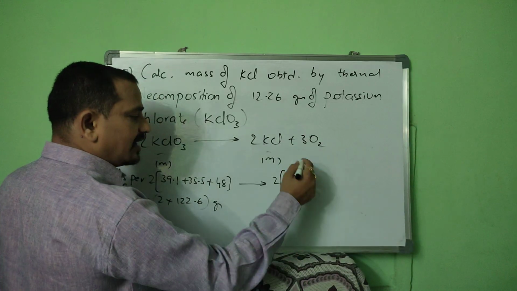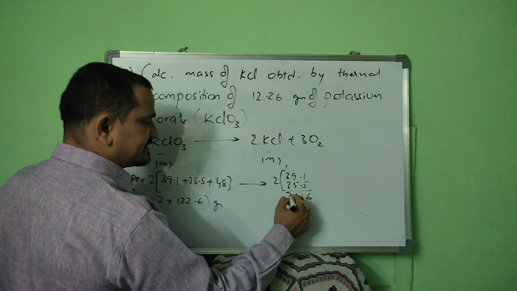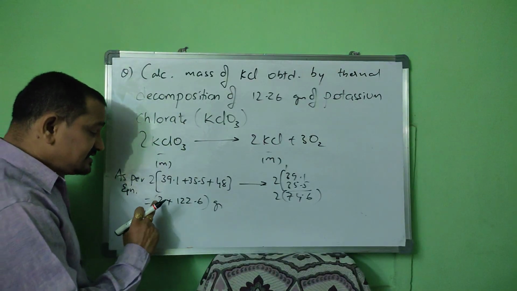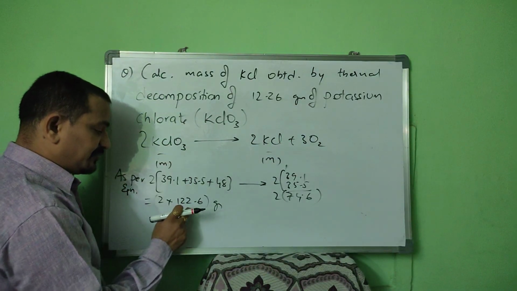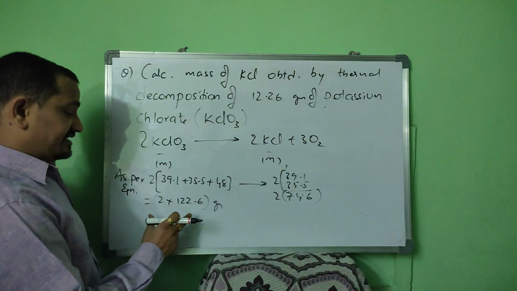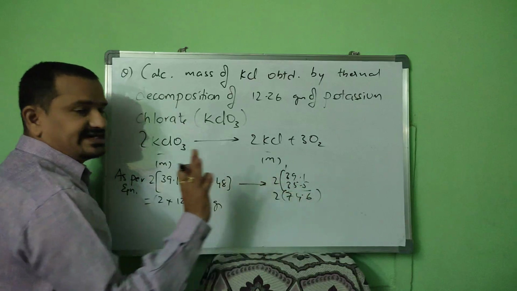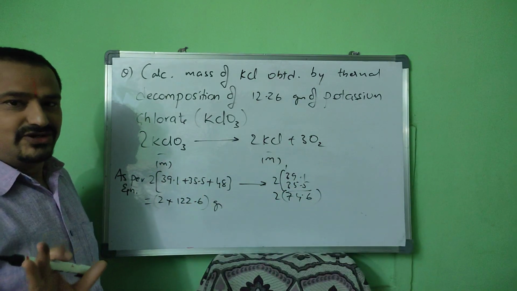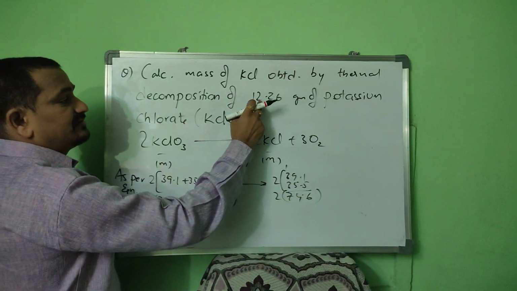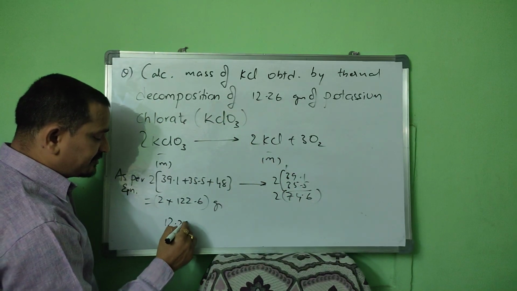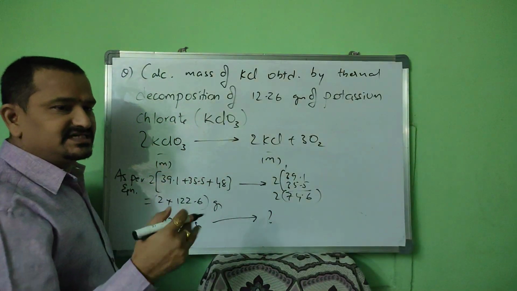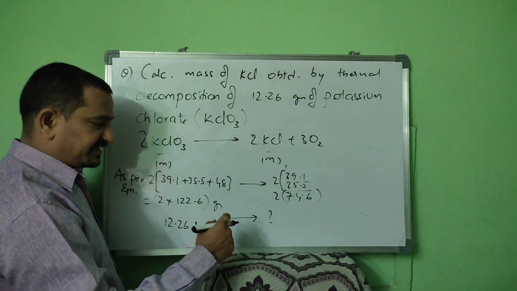Sum it up, it is 74.6. So 2 into 122.6 grams is giving 2 into 74.6 grams. When these many grams are giving those many grams, we have to find out for 12.26 grams, how many grams is obtained. Just crisscross the thing, right?